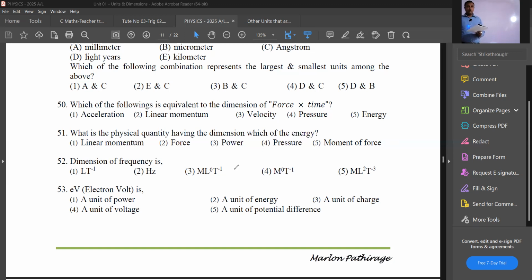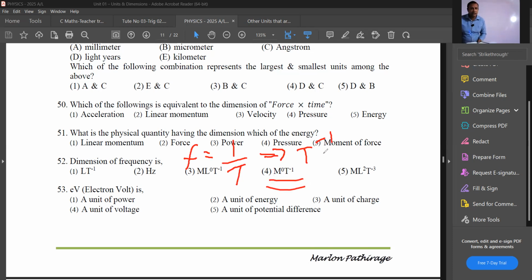The dimension of frequency: frequency is 1 over time, which means the dimension of frequency is T to the power minus 1. There is no M in T minus 1. But look at the question, answer number 4.